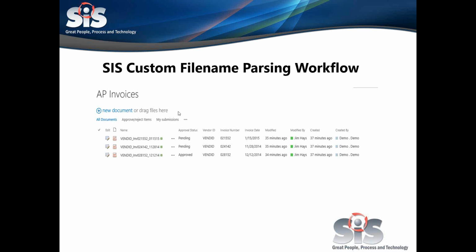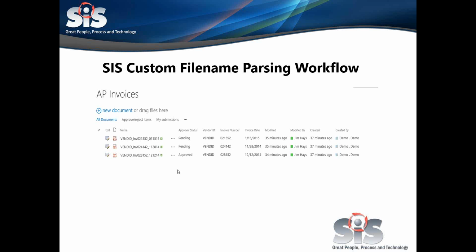Again, talking about the custom file name parsing workflow, basically what it did is it took the first 6 characters of the file name and put it into vendor ID, it took the next 6 characters after _INV and put them into invoice number, and it took the date and put it into the invoice date field.